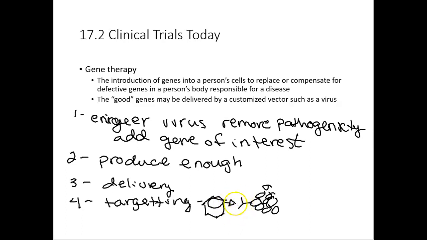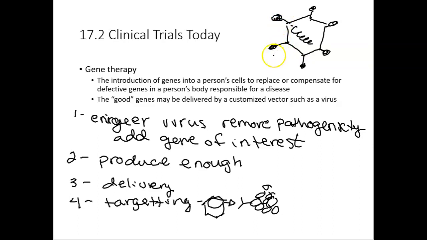Say if it's hepatocytes, something specific to hepatocytes. Or if you want to target the kidney or the pancreas or whatever it is, you're usually going to take your virus, and you've already engineered the genes in the inside, so you've got your therapeutic gene there instead of the pathogen-causing genes. And then you're going to modify these spike proteins or attachment proteins, so you're only going to get this virus into the cells that you want it to go.